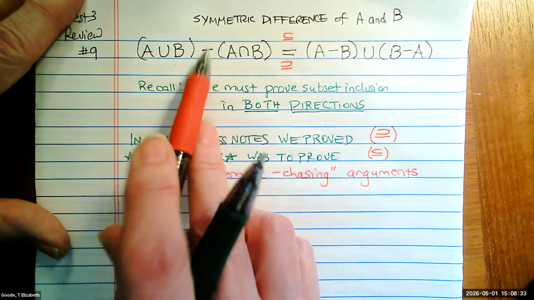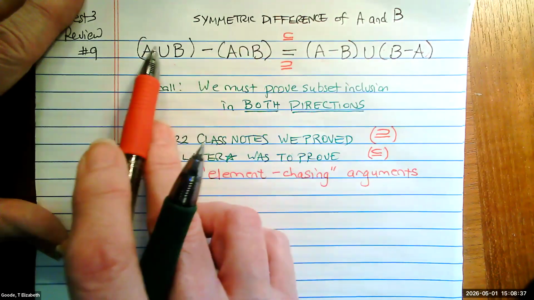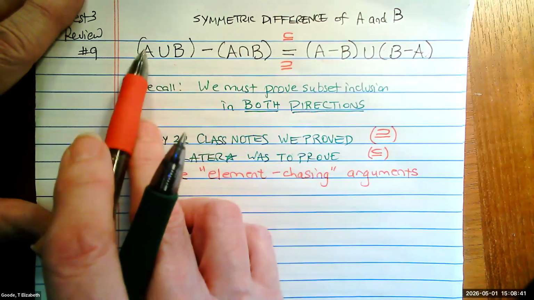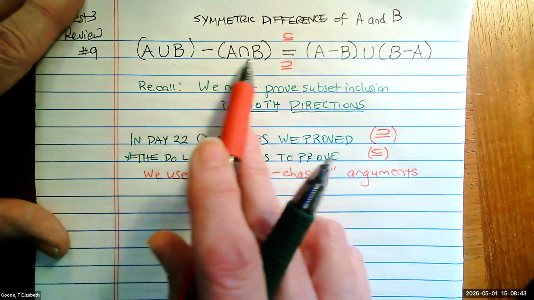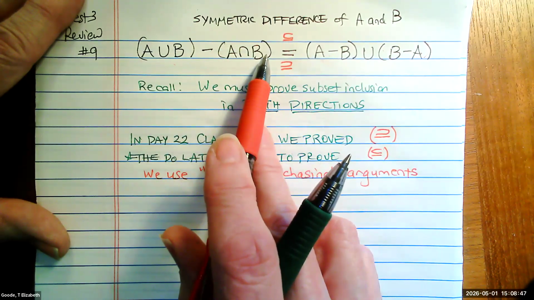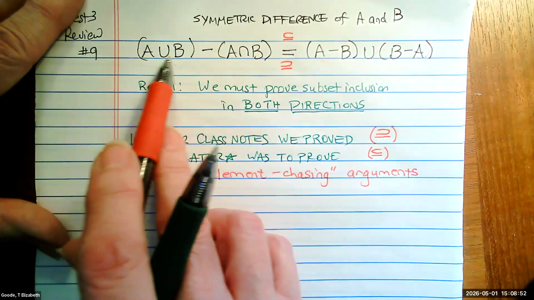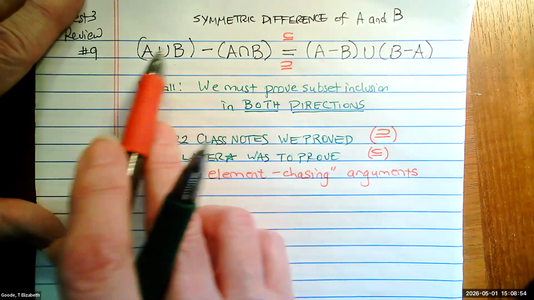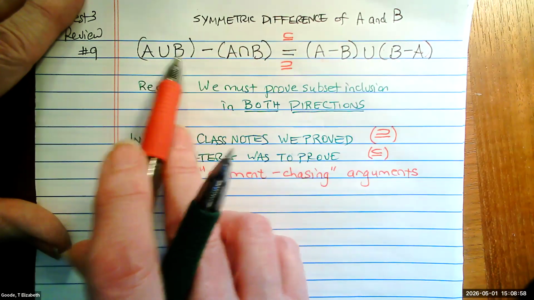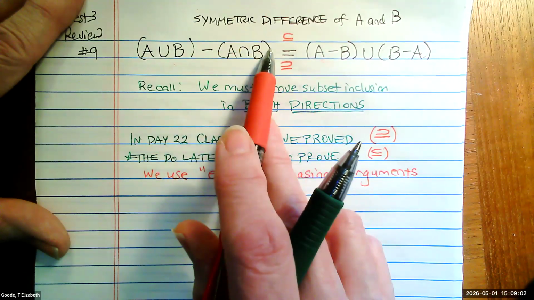So we would first break down the set difference. If X is in this set, it means X is in A union B and X is not in A intersect B. Then we use what it means that X is in A union B. It means it's in A or in B. So we get two cases. But in both cases, we'll know X is not in both.